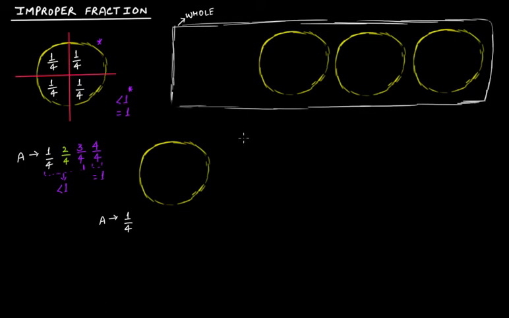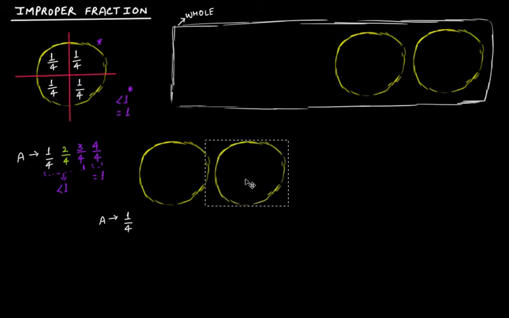Now this person says, hey, I want this one also. So he takes out the second part of this whole. So now this person has 2 parts out of 4. 1 pizza, 2 pizzas, 3 pizzas, and 4 pizzas. Now he's having 2 pizzas, right? And so this time this person is said to have 2/4.